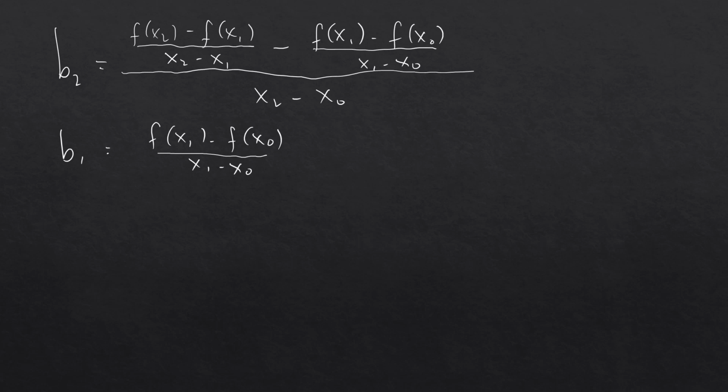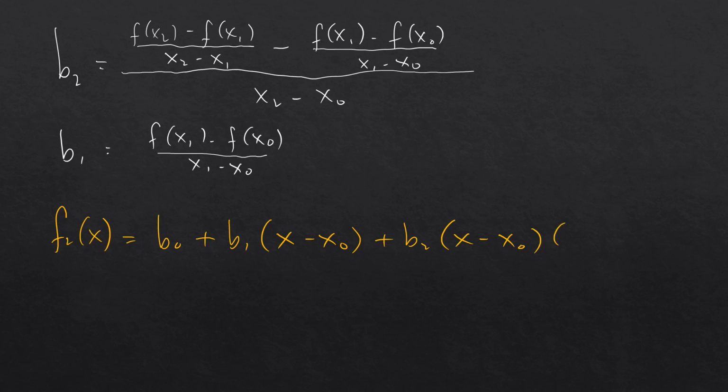So we write our quadratic interpolating polynomial as f sub 2 of x, or simply f sub 2(x), equal to b sub 0 plus b sub 1 times x minus x sub 0 plus b sub 2 times x minus x sub 0 times x minus x sub 1. From our discussion about the quadratic interpolating polynomial, we can now write the general form of Newton's interpolating polynomial.